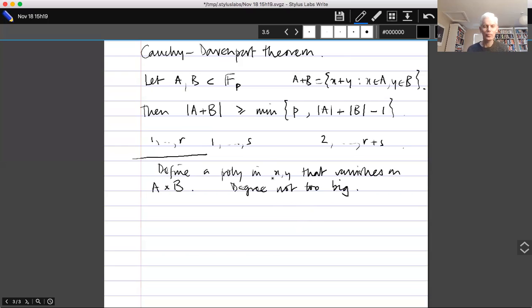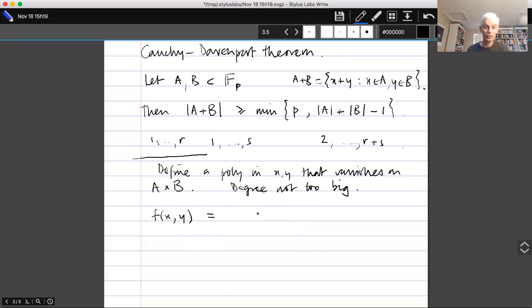So how can we get a polynomial to vanish? What that's saying is that for every x and y, we got that f of x, y should be 0. Well, we ought to use the sumset somehow.